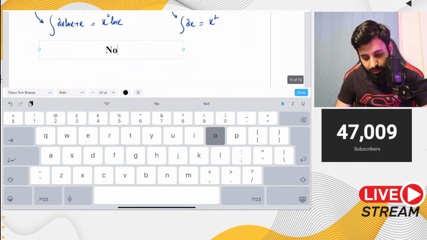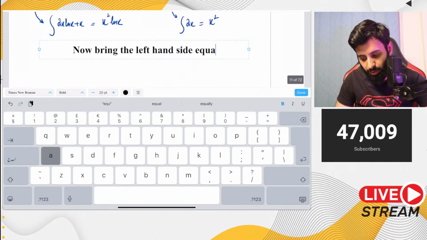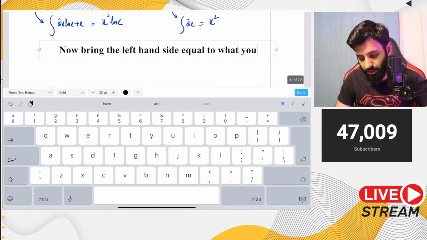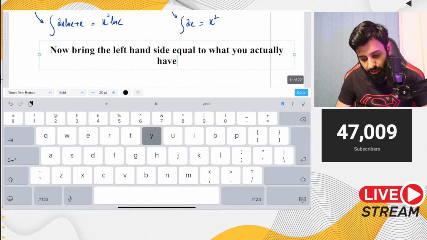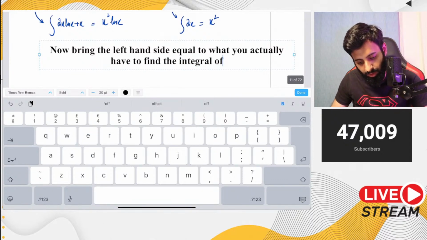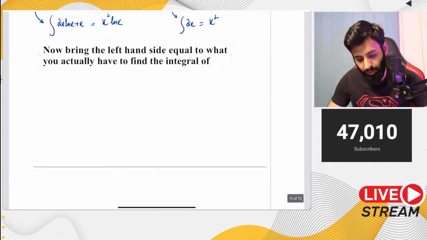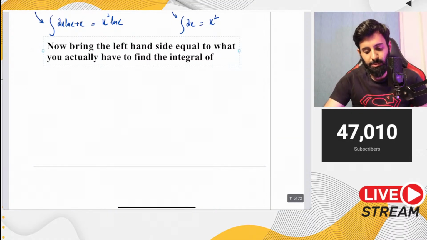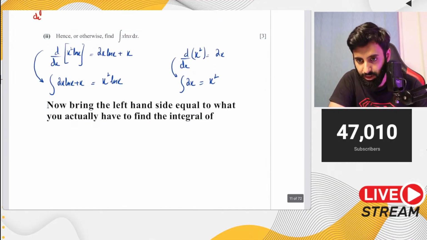Now bring the left hand side equal to what you actually have to find the integral of. Okay, let's make it left align. There you go. So that's what I'm going to do now. I'm going to bring the left hand side equal to what I actually have to find the integral of.